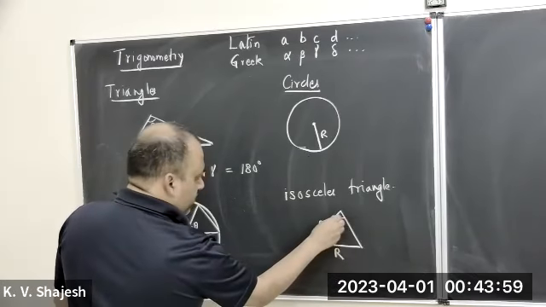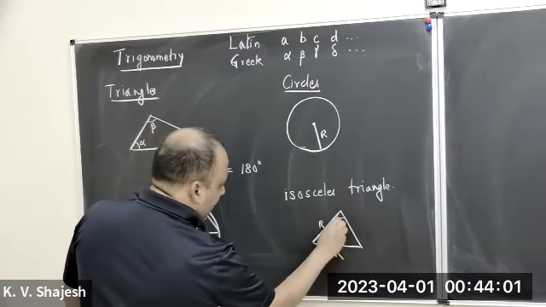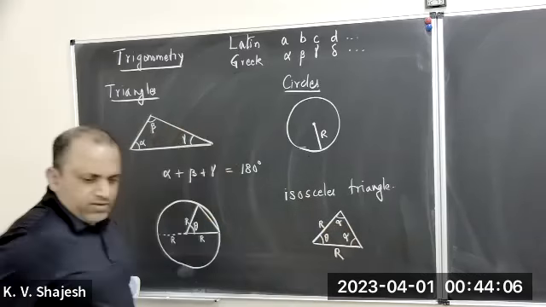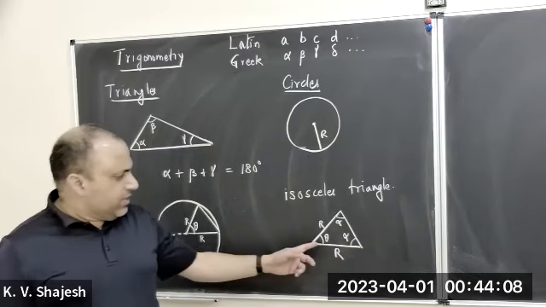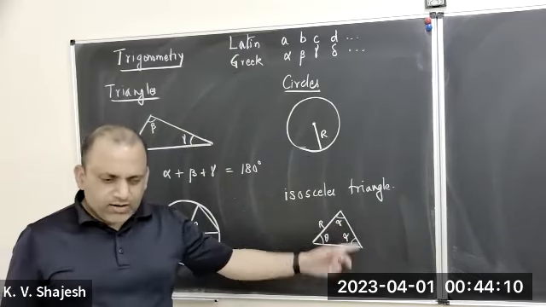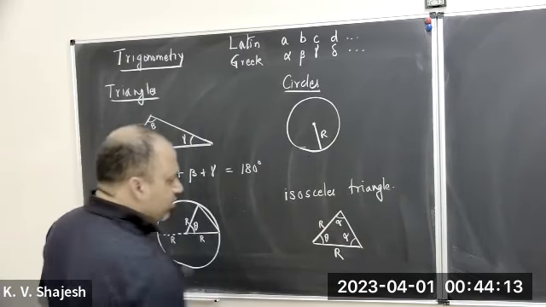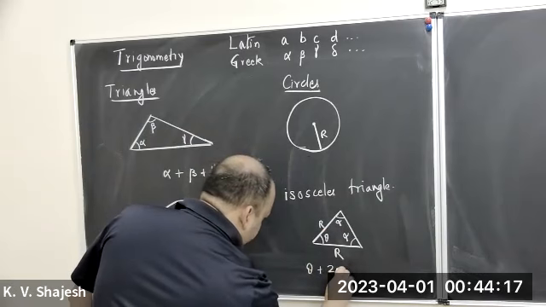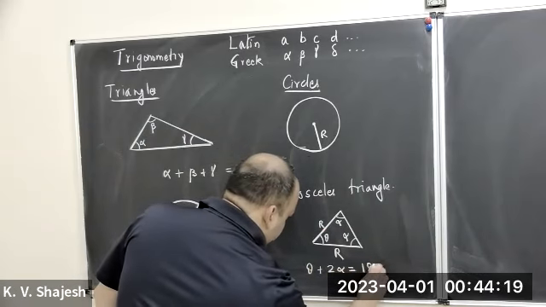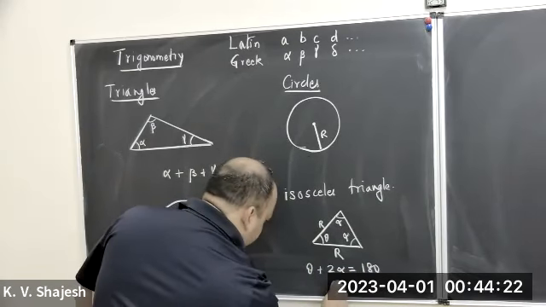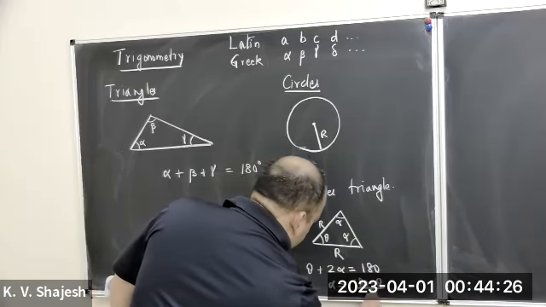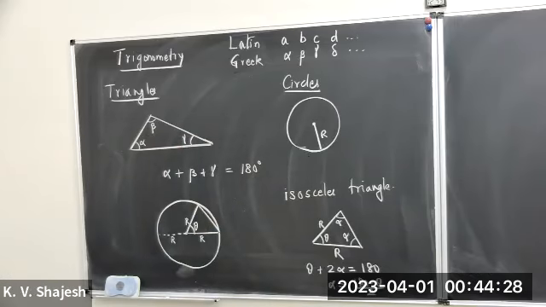So if this angle is alpha, this will also be alpha. If you know angle theta, you can calculate angle alpha because the sum is 180 degrees. So theta plus 2 times alpha is equal to 180 degrees, and alpha will be equal to (180 minus theta) over 2. That's one thing we can immediately conclude.